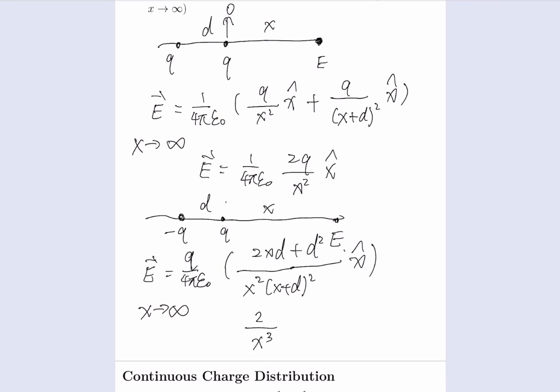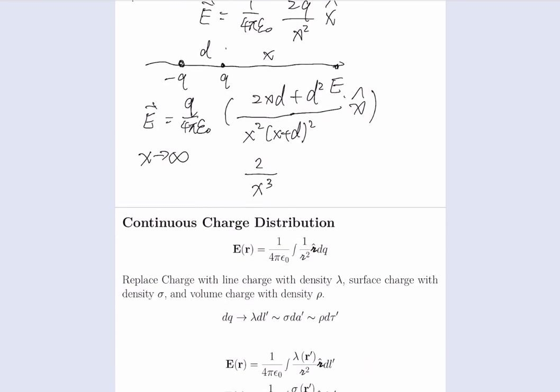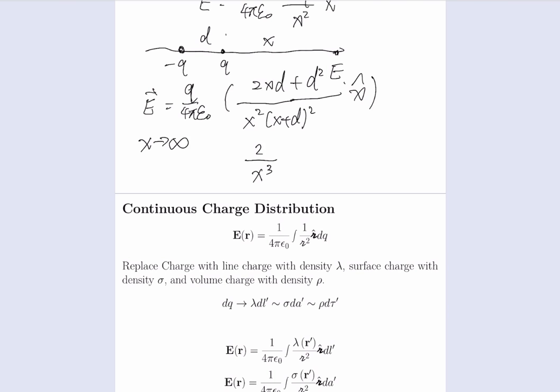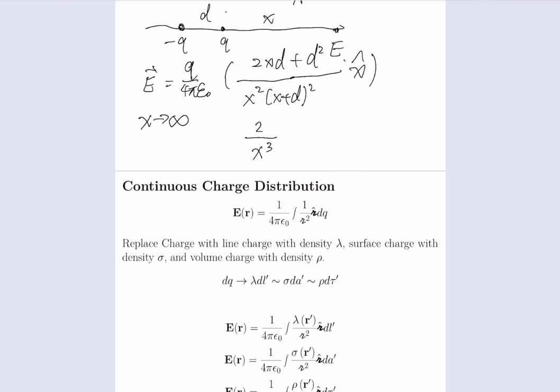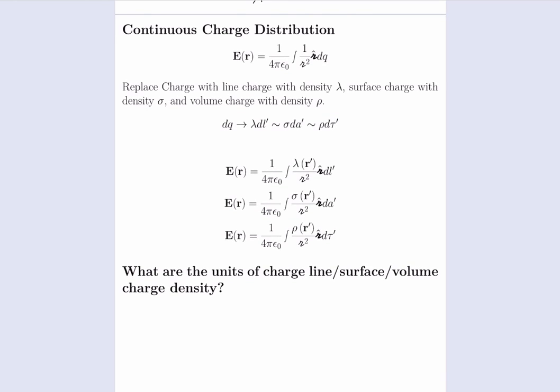So good. I think the x goes to infinity limit should be reasonable, and I hope you can also convince yourself of what really happens at this large x limit. Now, what really gets interesting is that here we are not only talking about a bunch of point charges.